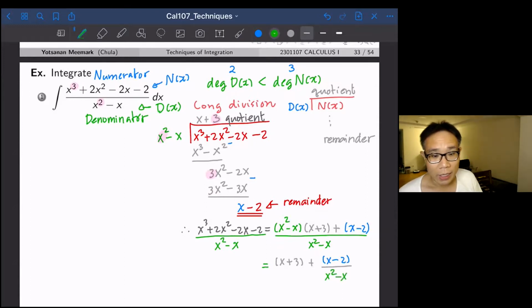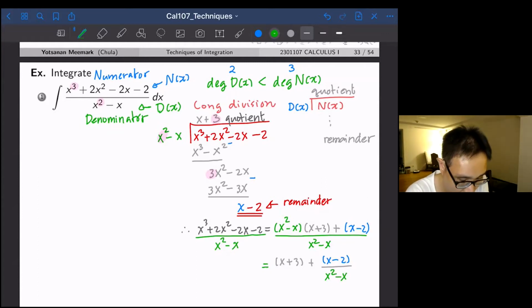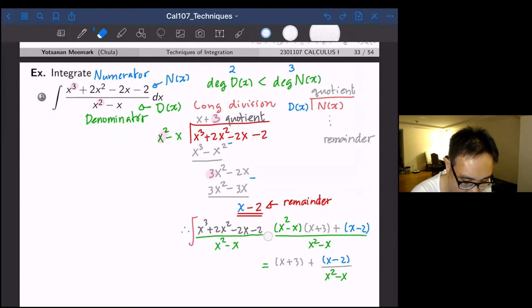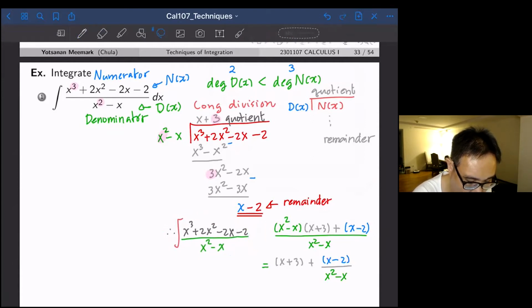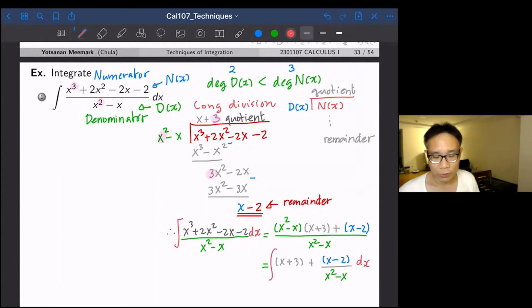And if you would like to integrate this function, it's going to turn out that you just integrate this form instead. So this is what you have.